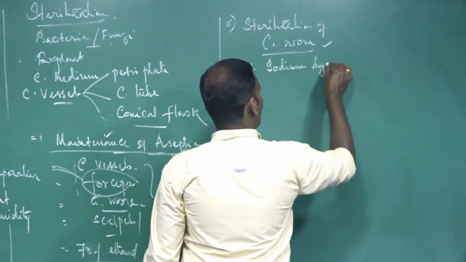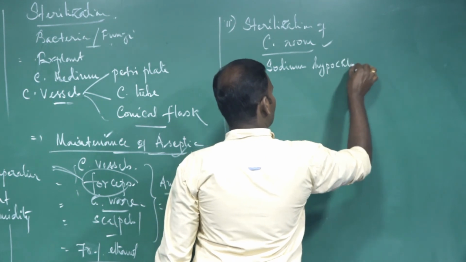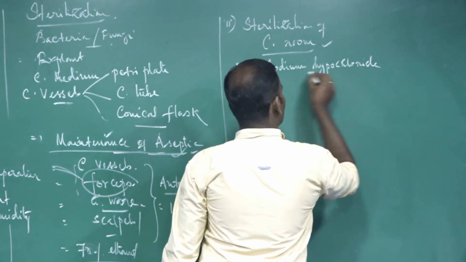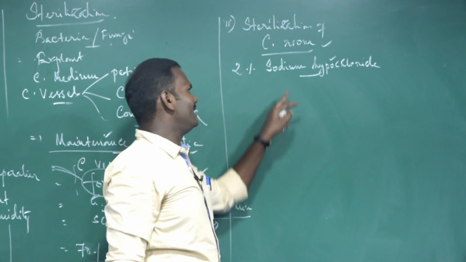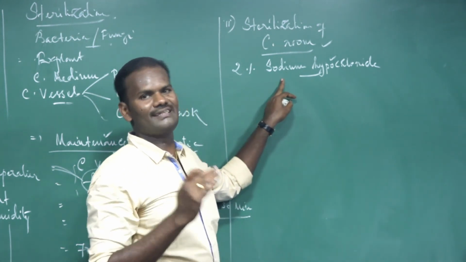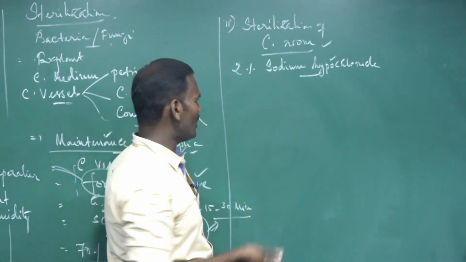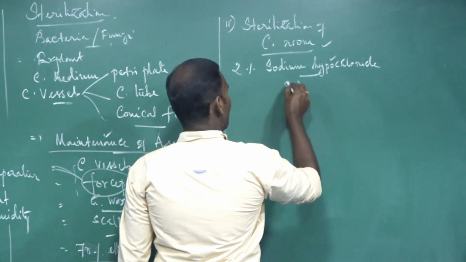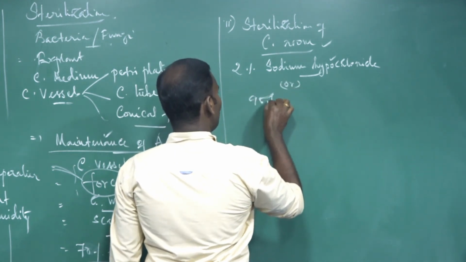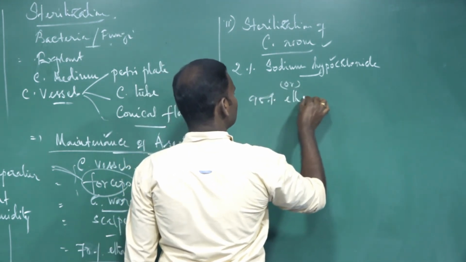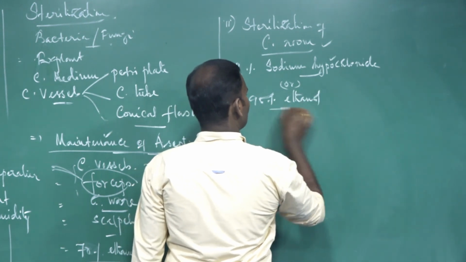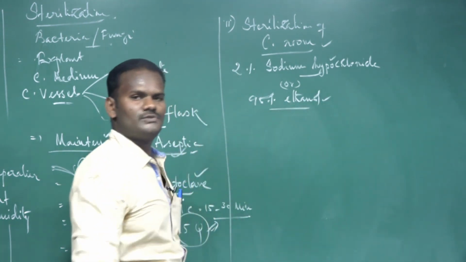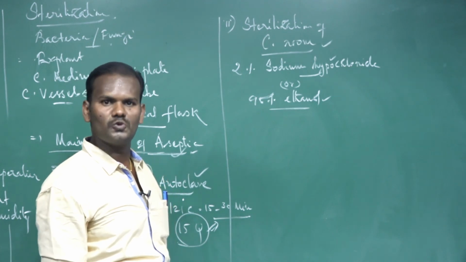Sodium hypochlorite is a sterilization agent that kills microbes. 2% sodium hypochlorite or 95% ethanol. These are the first steps to sterilize the culture room.